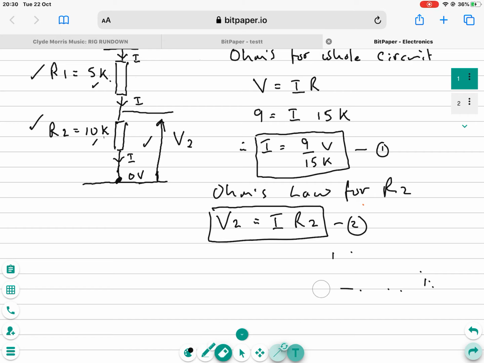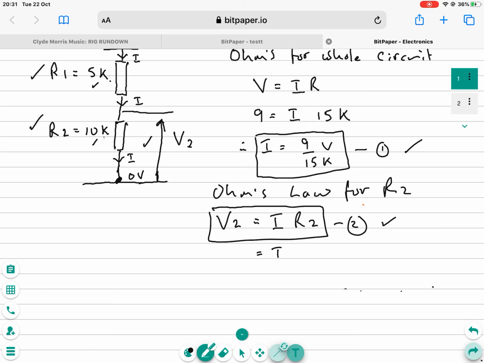All right, so we've got two equations now. Equation number 1, which is for the current, and then the second equation in terms of V2, which is what we're trying to find. Now, we know what R2 is. So let's just tidy this up a bit.